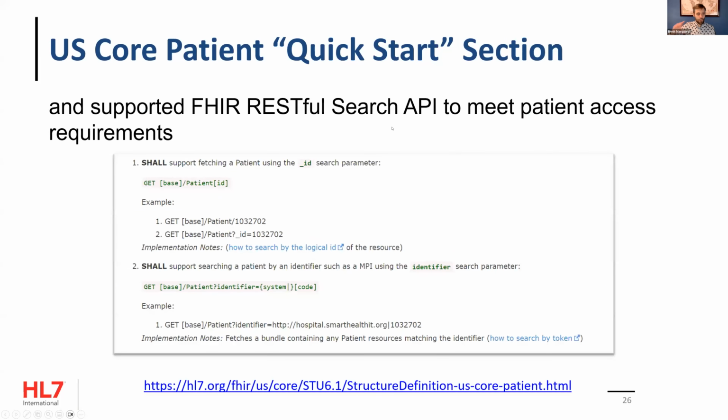And I'll show a profile here in a moment, but at the bottom of the profile page is this kind of quick start section. The FHIR API, the RESTful search API, is incredibly powerful. When we first started on this journey, you can string together a whole bunch of parameters for some really nice, fun queries.